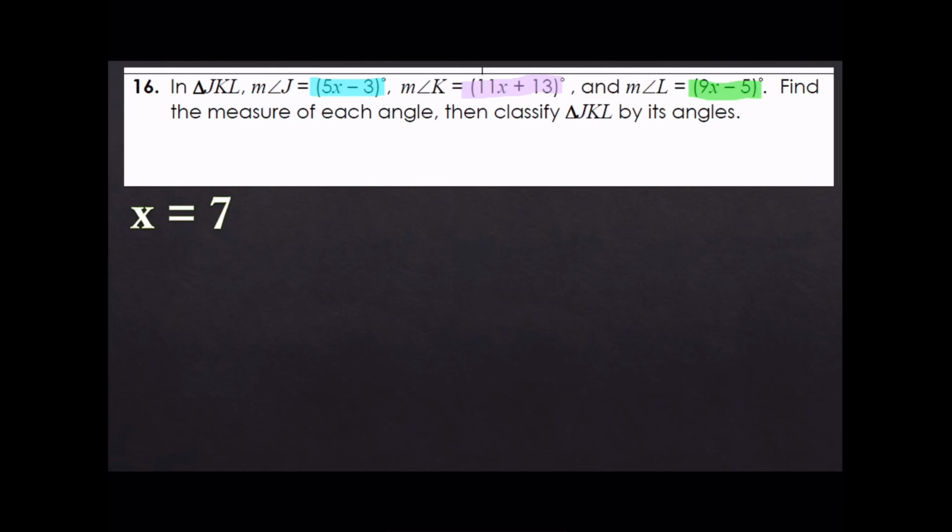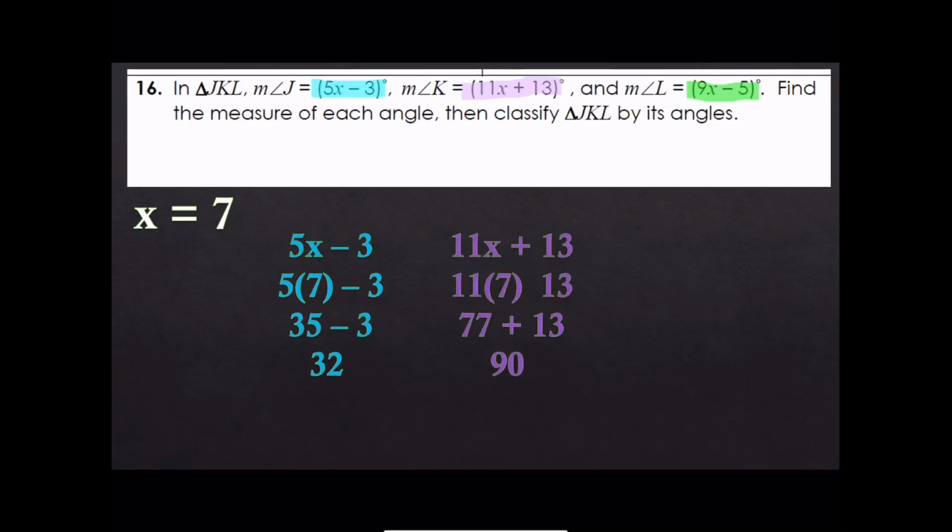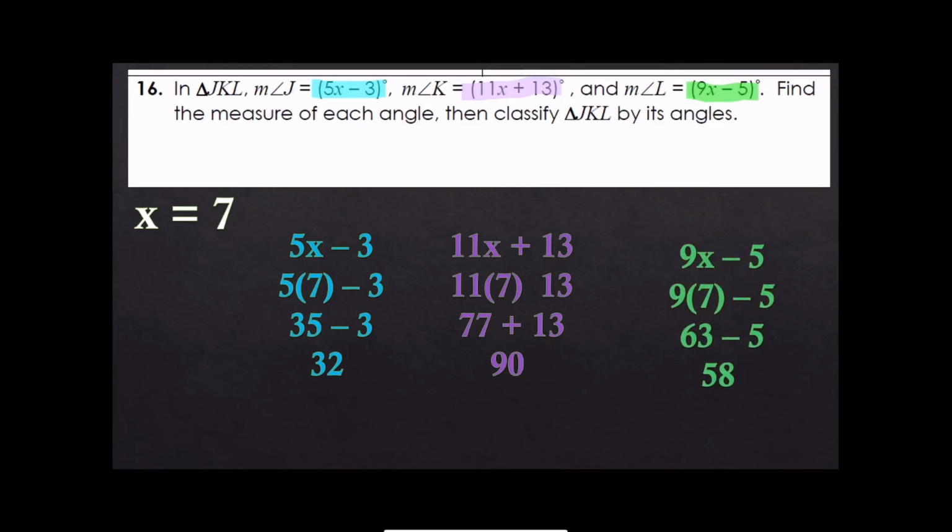Well, we started the video today with this skill. We did that for a reason. Now I replace the 7 into the 5x minus 3, and I get 32. I replace the 7 into the 11x plus 13, and I get 90. And I replace the 7 into the 9x minus 5, and I get 58.